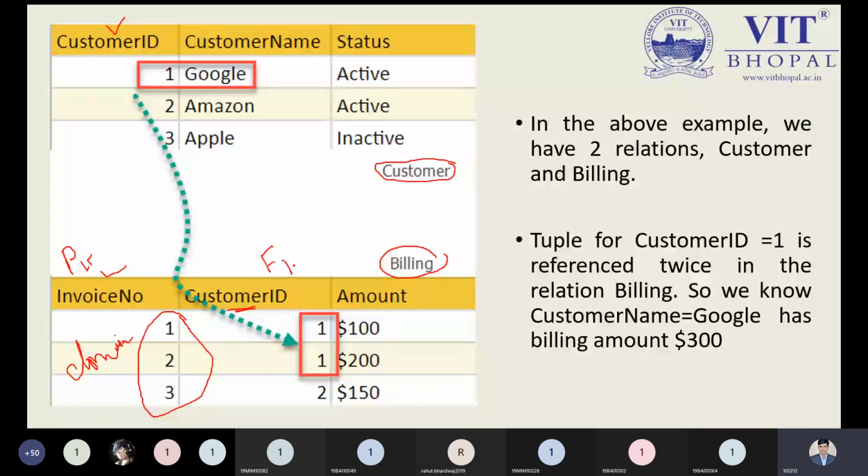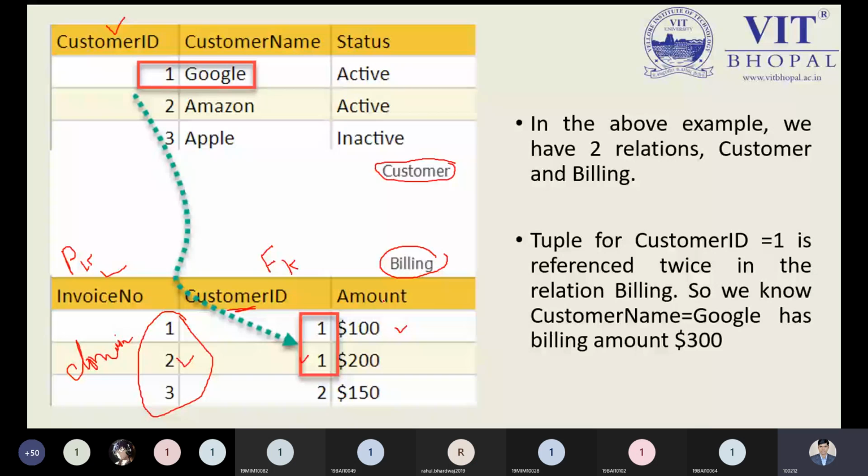It can have duplicacy. For example, the customer name Google has invoice number 1, and its ID is 1, and the amount is 100. And again we are generating another invoice for the same ID. So the invoice number will be different, the customer ID will be as it is, 1, and the amount for the Google customer will be different, like 200.